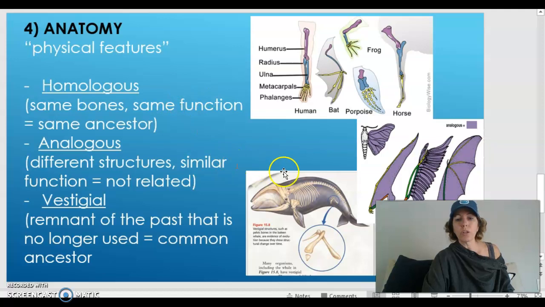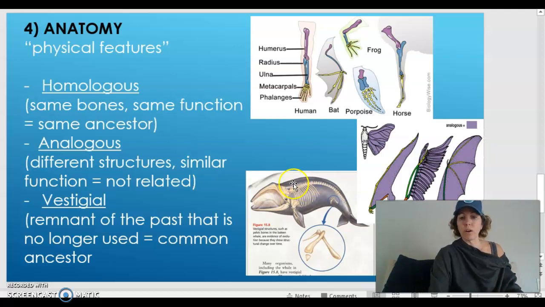We also want to look at, and this one is actually most important, vestigial. Okay, so vestigial, I want you guys to think about as a V, which actually looks very similar to your pelvic bone, which is actually shaped as a V. These are remnants of the past. So as a whale who swims its whole life in the ocean, why would it have a pelvic bone?